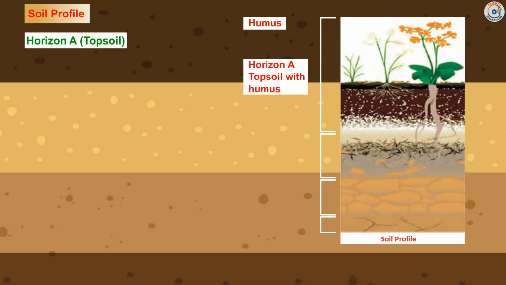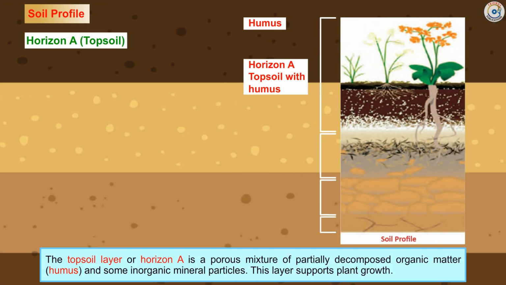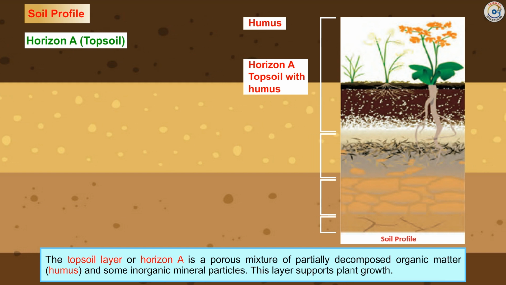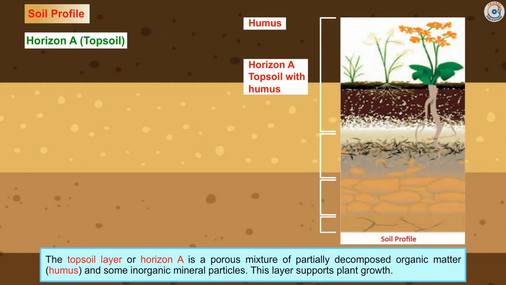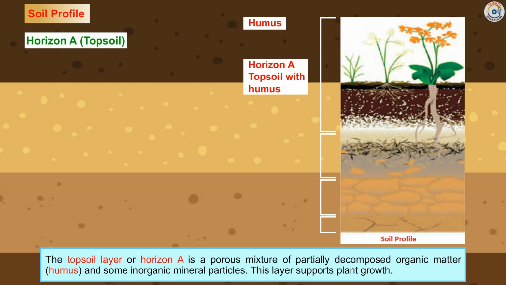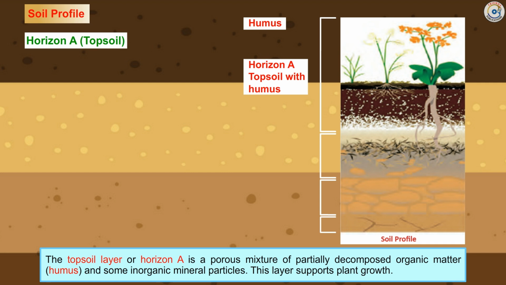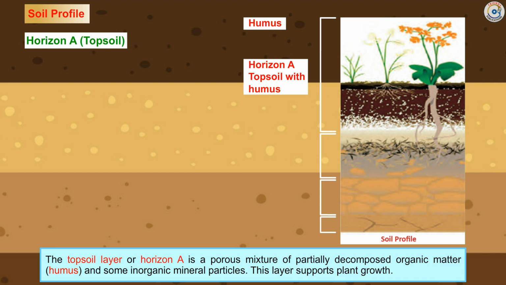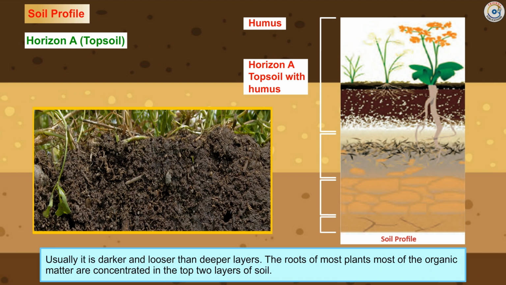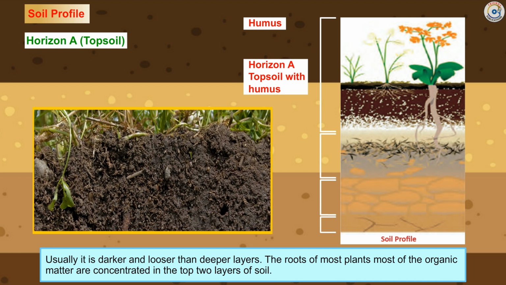First, horizon A, topsoil. The topsoil layer or horizon A is a porous mixture of partially decomposed organic matter, humus, and some inorganic mineral particles. This layer supports plant growth. Usually it is darker and looser than deeper layers.